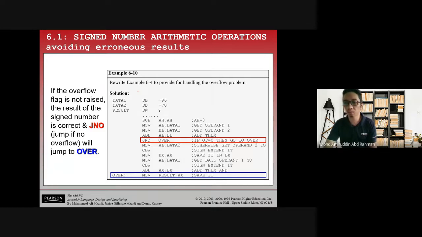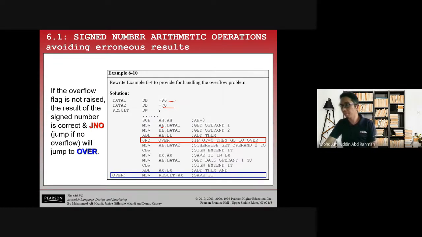You know that the maximum possible number that you can store in an 8-bit register is 127. So first you add: BL is 70 and AL is 96, and you add them.